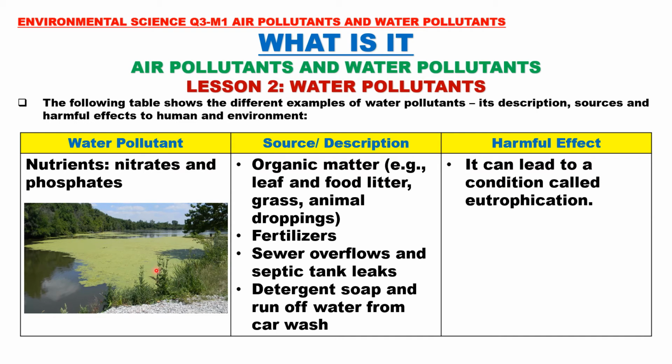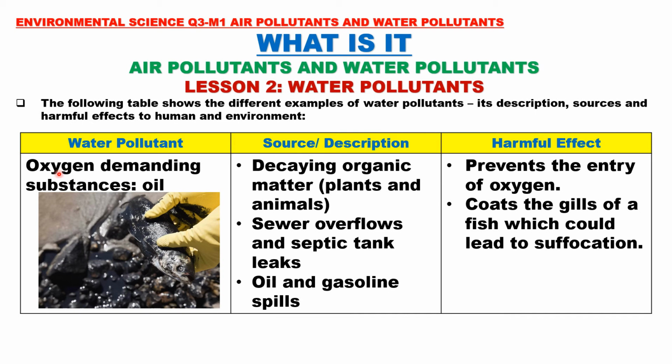In eutrophication, there is excessive richness of nutrients in a lake or other body of water, frequently due to runoff from the land, which causes a dense growth of plant life and death of animal life from lack of oxygen. So, if there's eutrophication, it's an indication of water pollution.